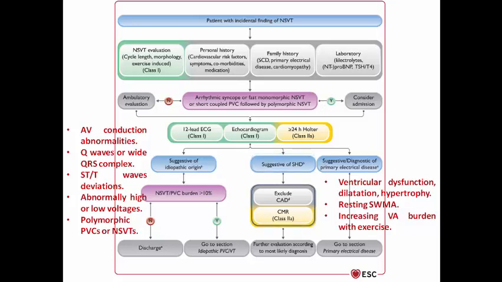In this case, we need to exclude coronary artery disease, and we would arrange for cardiac MRI to confirm the diagnosis of the baseline structural heart disease, and then further evaluation according to the most likely diagnosis. But if the clinical features are suggestive of channelopathy, then we are going to have a specific management according to the diagnosed type of channelopathy.